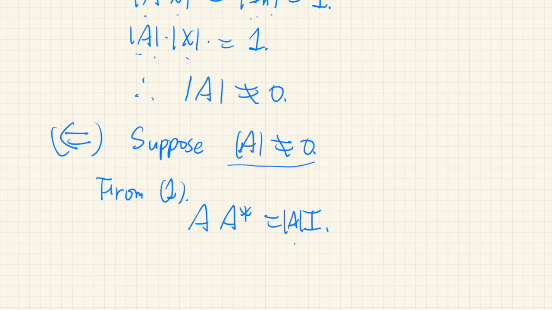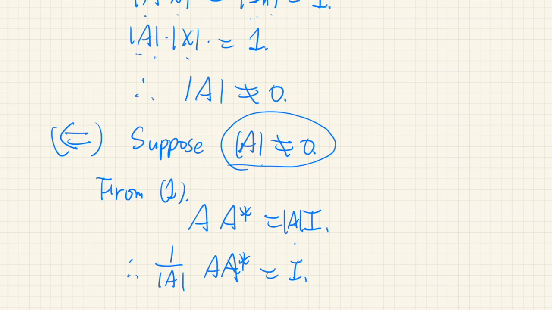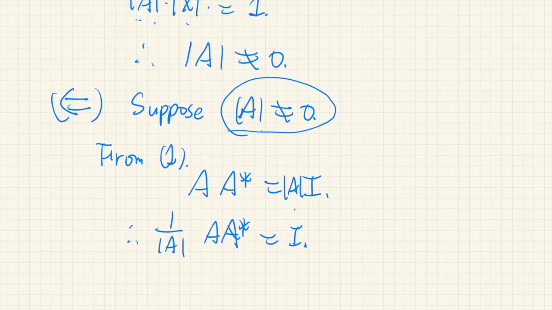And now we're assuming this is non-zero, so we can divide both sides by the determinant of A. So if we define X to be 1 over the determinant times A adjugate, then this X is the right inverse of A.